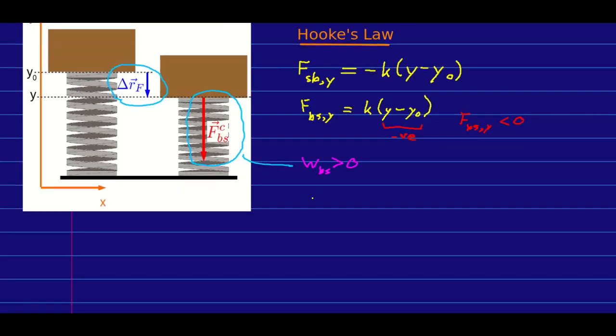What we now can do is use our definition that we have, that the work that the brick does on the spring is going to be the integral from y0 to y of the force that the brick exerts on the spring as a function of y, dy.